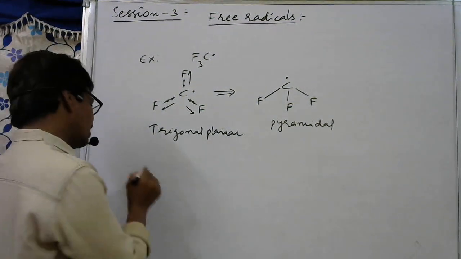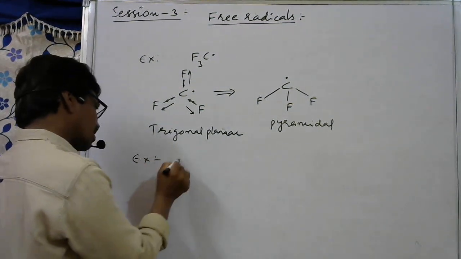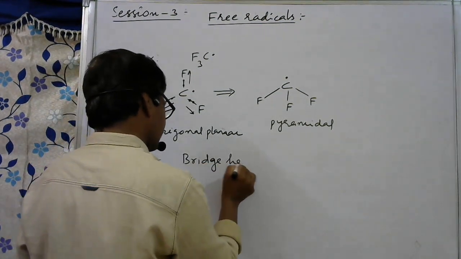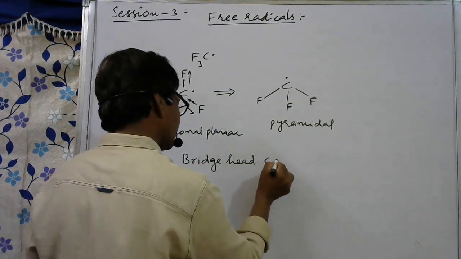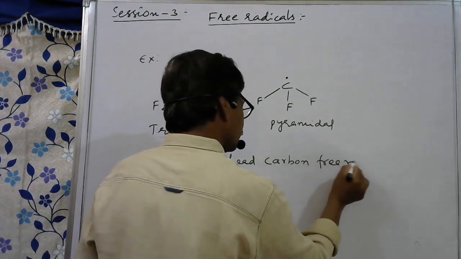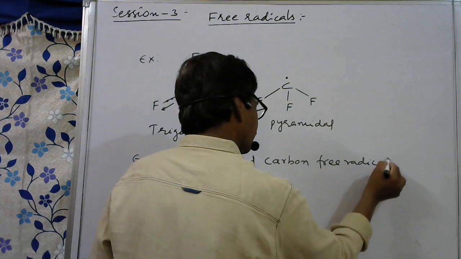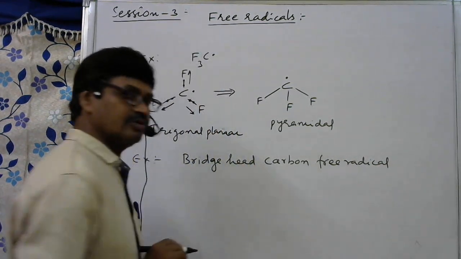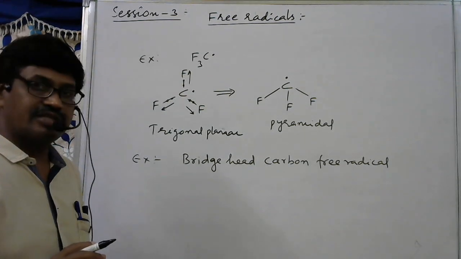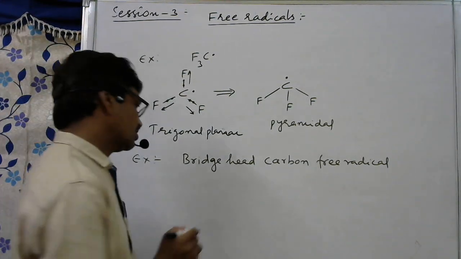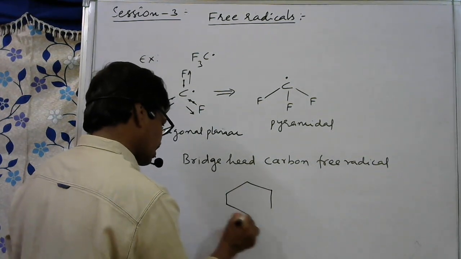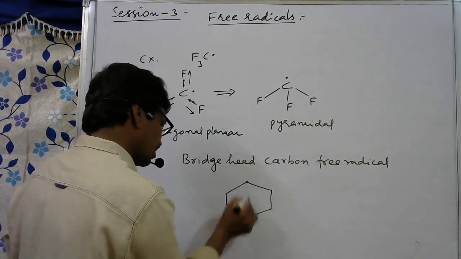Similarly, one more example: the bridgehead carbon free radical. Bridgehead carbon free radical also becomes pyramidal, not trigonal planar, because of steric strain. So I am writing like this. This is the bridge, this is the bridge carbon.